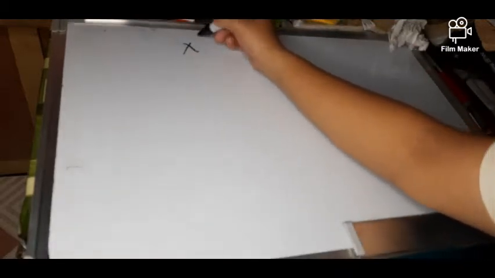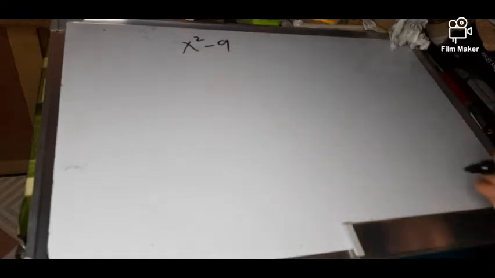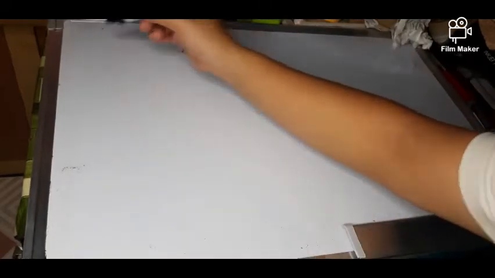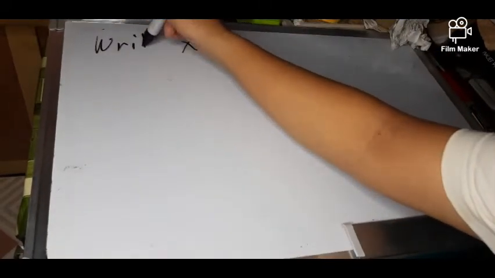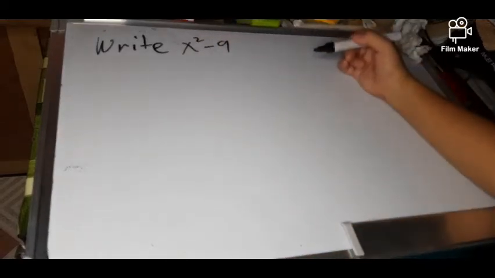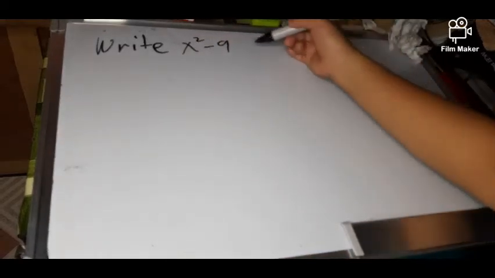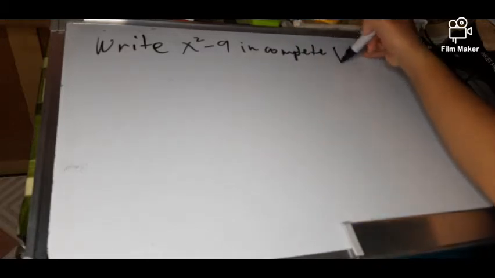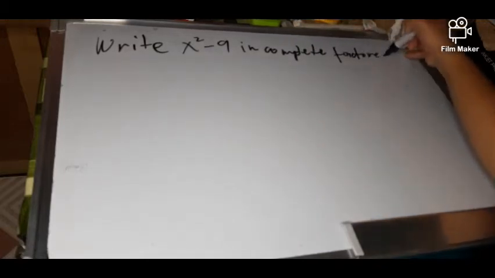Okay, for example, we have a first example. Now, we have here, write x squared minus 9 in complete factored form.